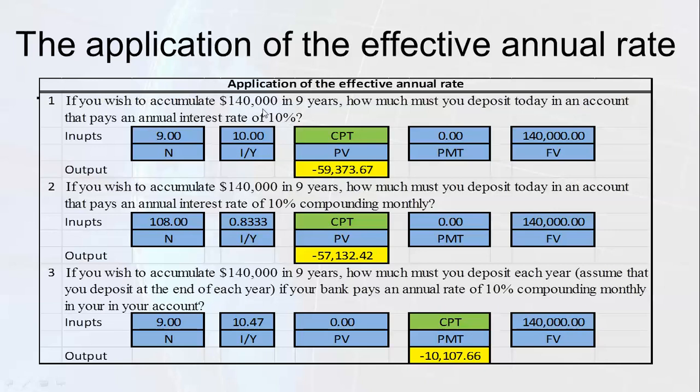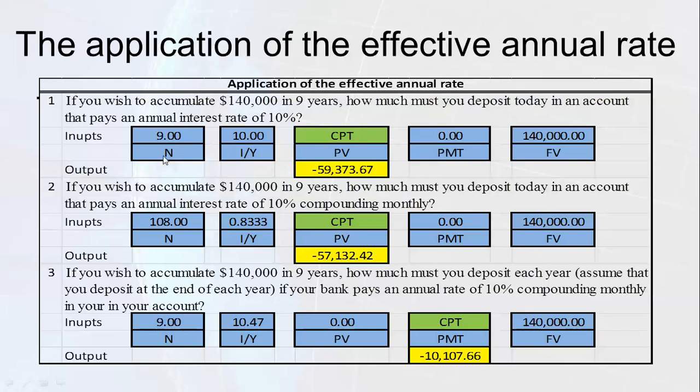So this is a time value of money problem. It's basically asking what is the present value if you have $140,000 in 9 years and the bank pays you 10% APR compounding annually. We are using the 5 keys on your financial calculator. So your N is going to be 9 here.